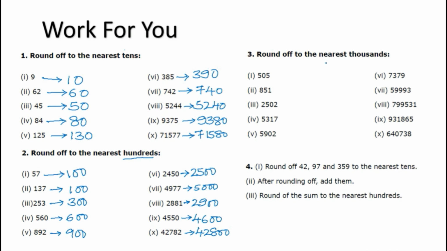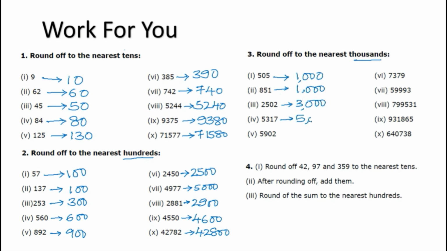Now the next question, round off to the nearest thousands. 505, on rounding off it becomes 1000 because I have to look into the hundreds place. The next number is also rounded off to 1000. The next one is rounded off to 3000.